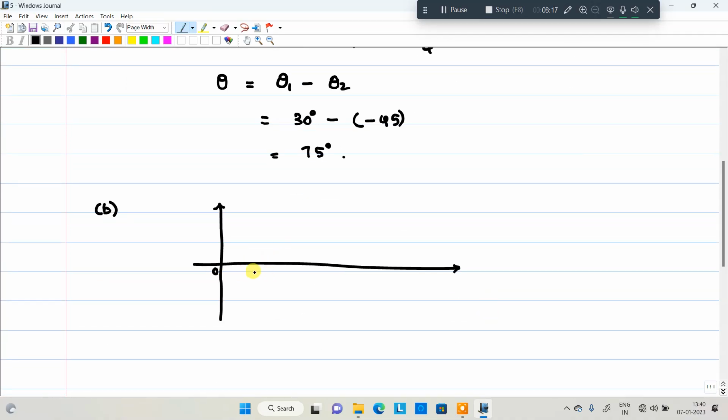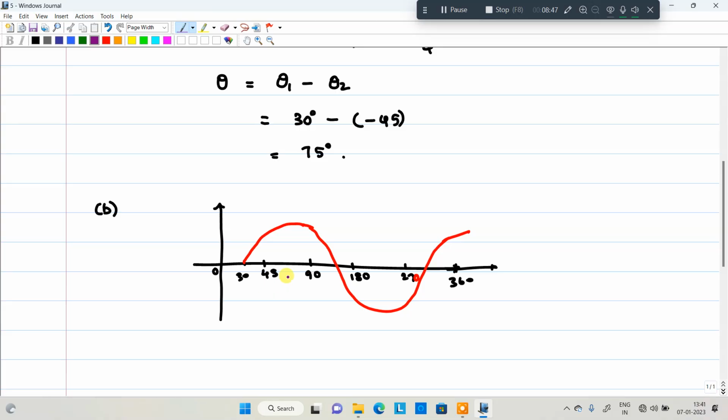For example, 0, 45, 90, 180, 270, 360. So the waveform will start after 30 degrees, right? So after 30 degrees, this is the waveform, for example. Every 30 degrees it increases. Okay, this is the waveform.